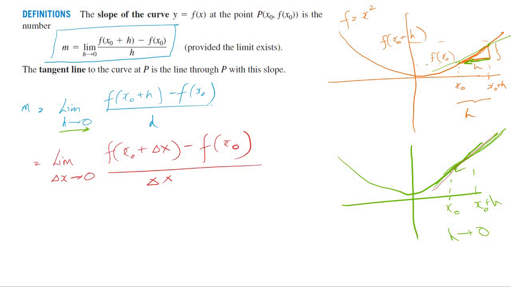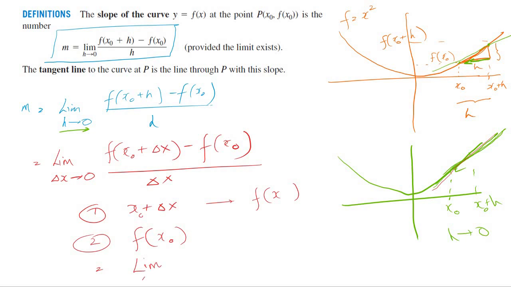What we do here is first substitute x plus delta x into f(x) instead of x, then subtract f(x), whether we call it x0 or x, and then take the limit as delta x goes to 0. That's what we do. So let's look at another question.